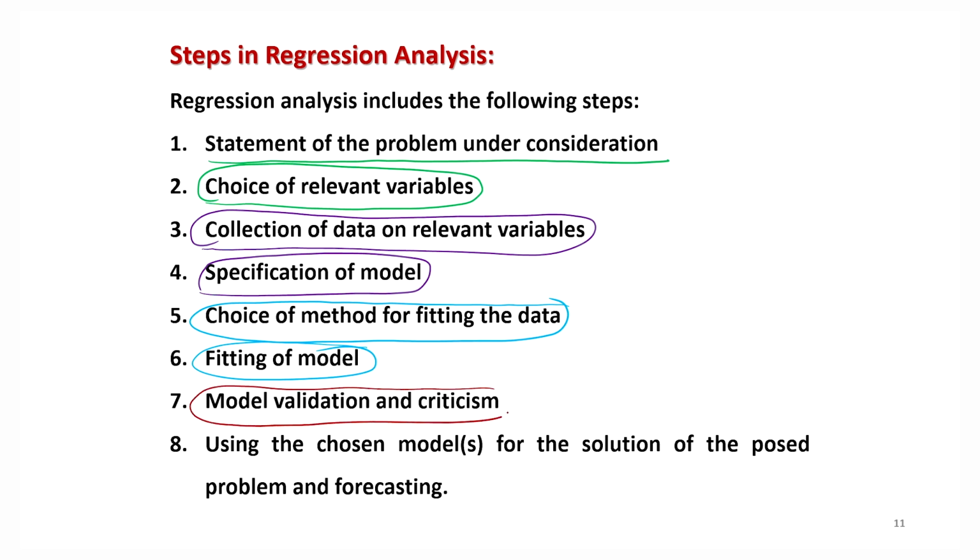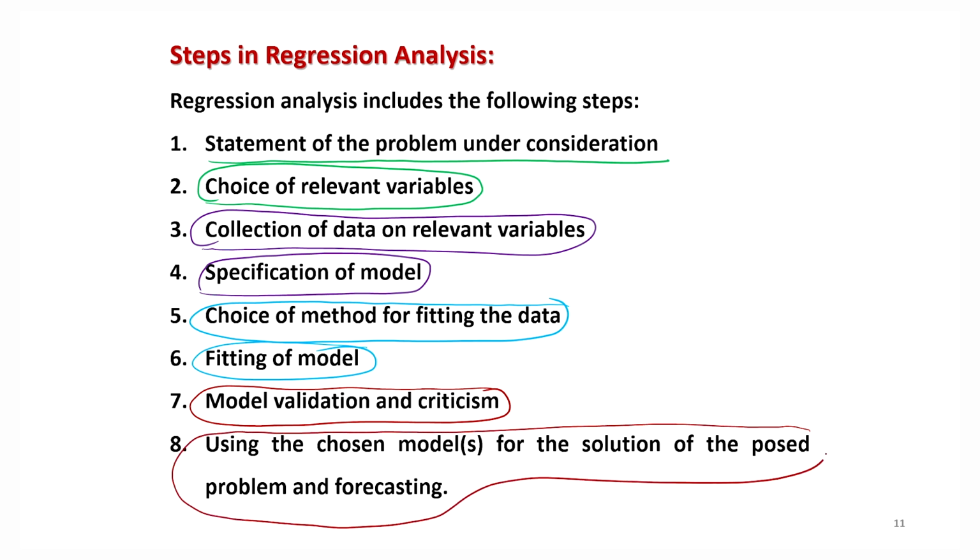Then we try to criticize our own data. That means we try to find out what issues remain, and then we redo the modeling and update our model. Then, based on whatever model we have chosen, we obtain the fitted model, and the chosen model is used in solving different types of problems, particularly in forecasting, right?